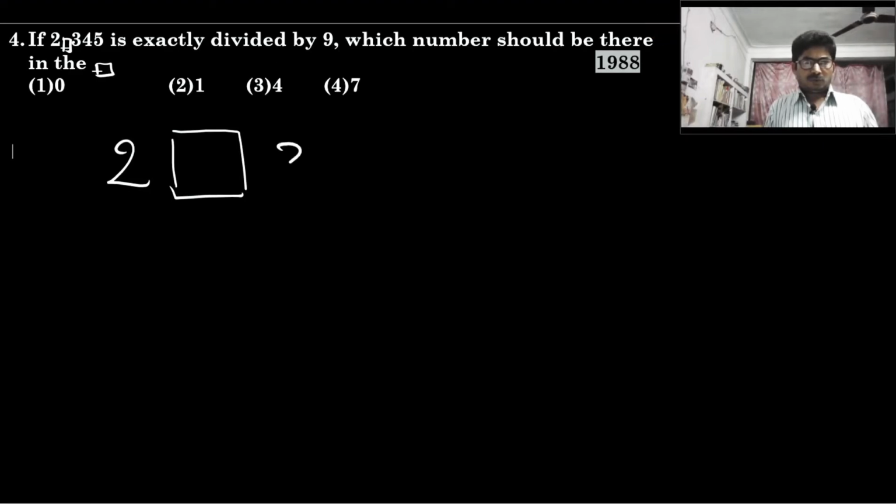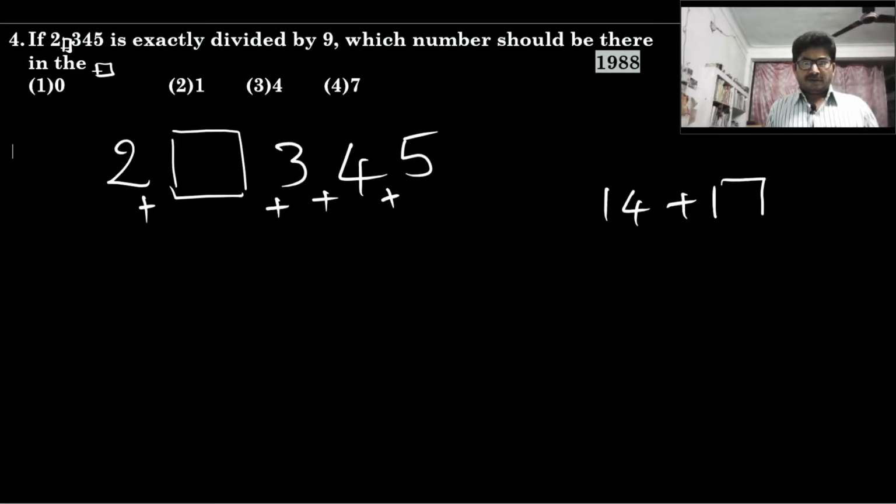2 plus 3 is 5, 5 plus 4 is 9, 9 plus 5 is 14, and what we add in this box should give 18.